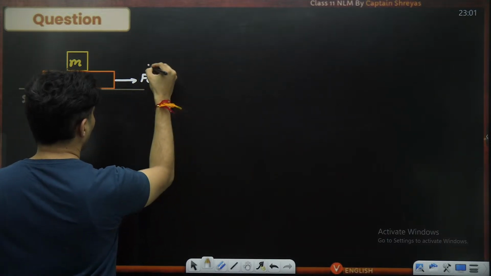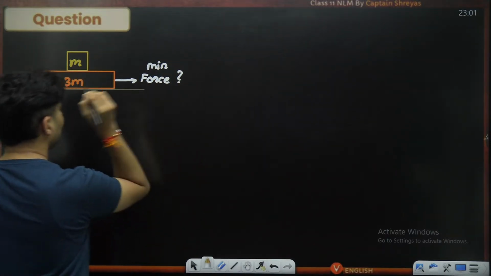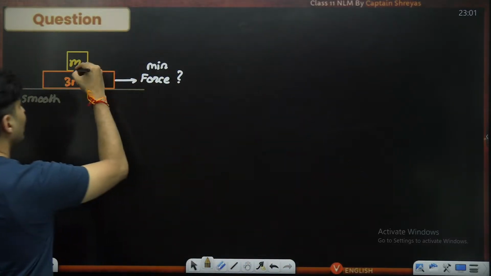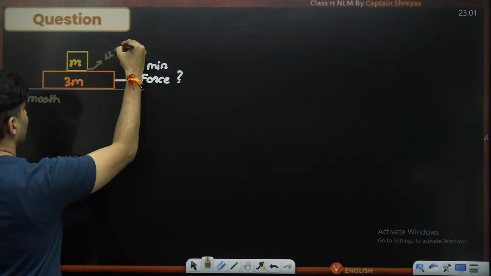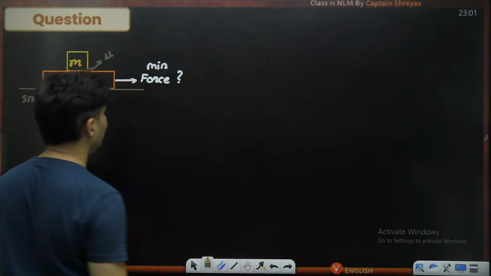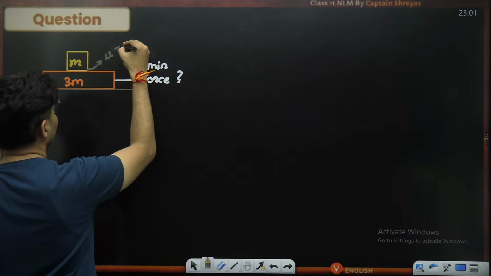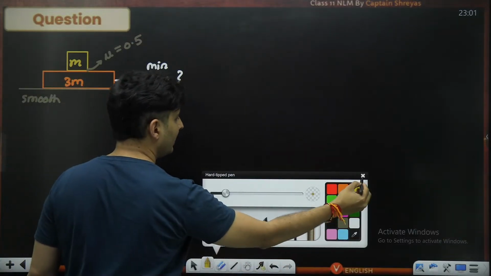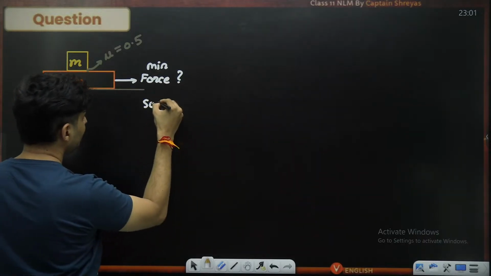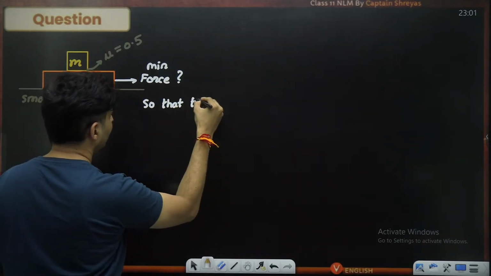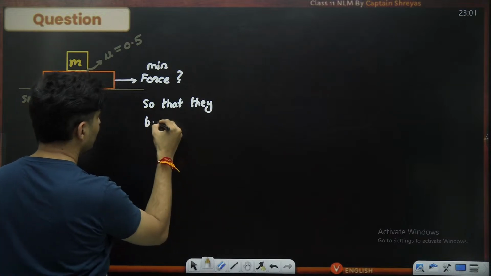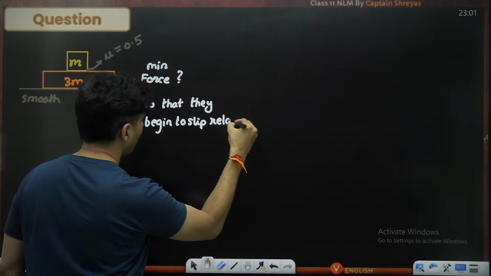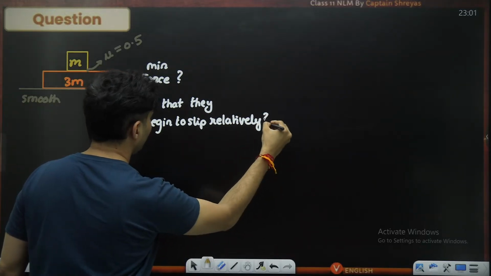Question is, how much is that minimum force needed given that between these two surfaces there is a coefficient of friction mu, which is, let's say, 0.5. How much is that minimum force which is needed so that they begin to slip relatively?